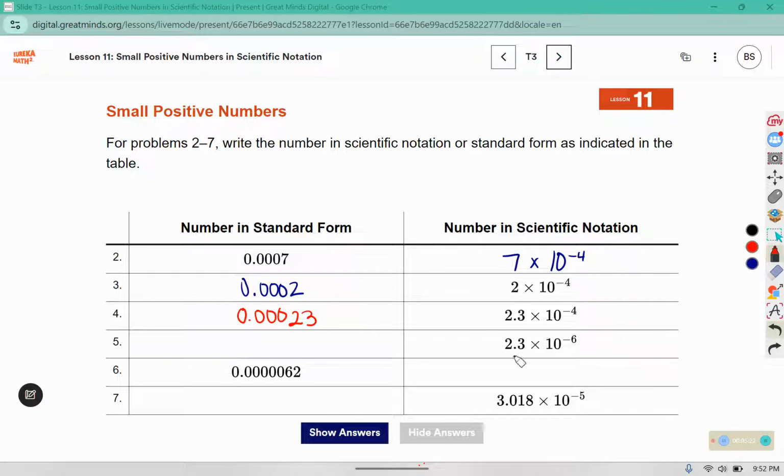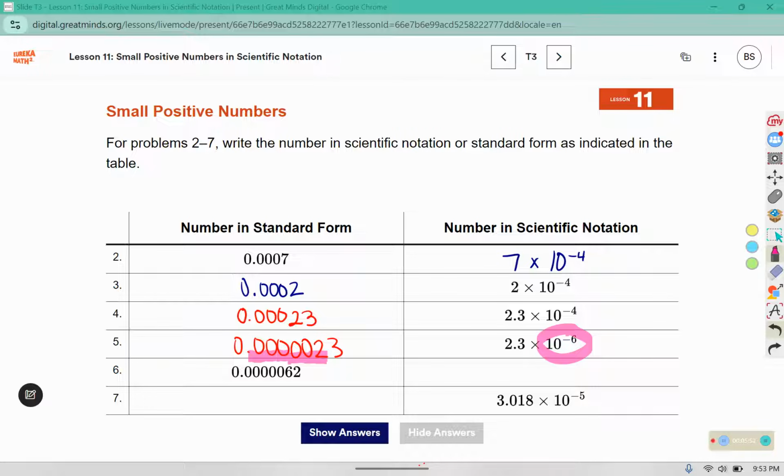Now this one is to the negative 6th. So we're going to move that 6 positions. You could also think of this as the millionths place. So tenths, hundredths, thousandths, 10,000s, 100,000s, millionths.